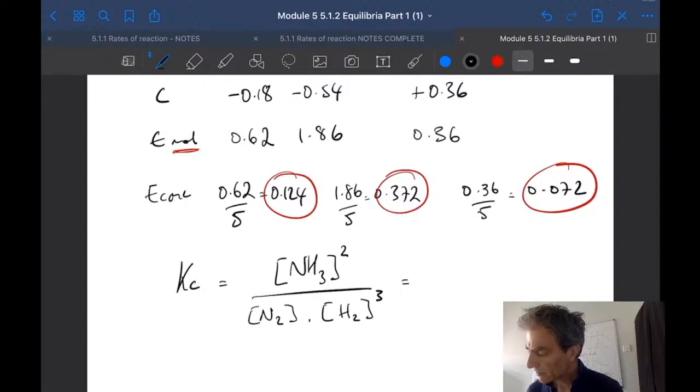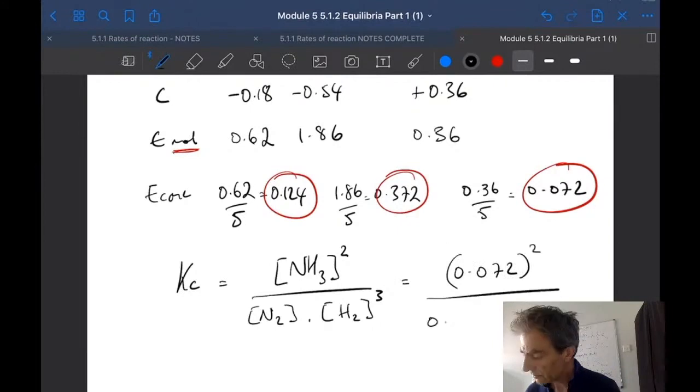Put your numbers in, so 0.072 squared over 0.124 times 0.372 cubed, and that comes out to 3 significant figures.